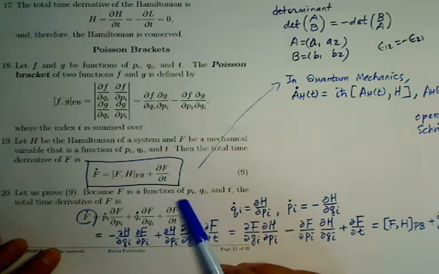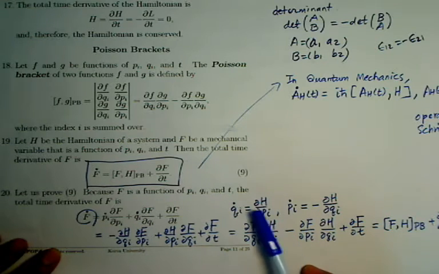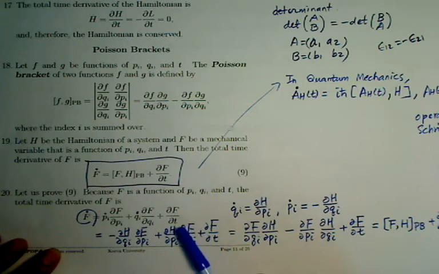Thus, if I consider this, we have f's p derivative, and p dot is minus the Hamiltonian's q derivative, and we have the q derivative of f, and then q dot is the Hamiltonian's momentum derivative. All right, and the partial time derivative of f is given here.